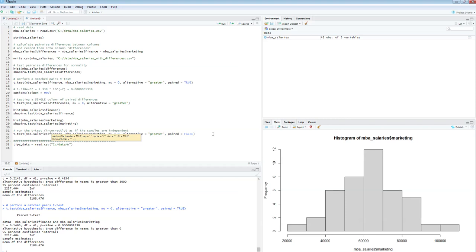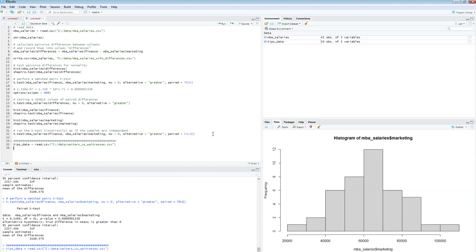I believe it's called waiter. Waiters versus waitresses. Something like this, .csv. Sure, I misspelled it. No, actually, it's okay. Alrighty, so let's take a look at the structure of the data, just in case, right?